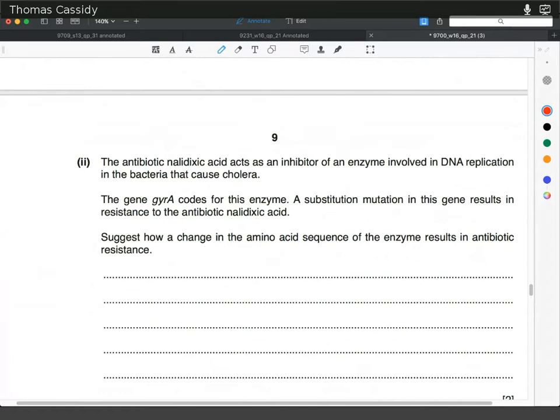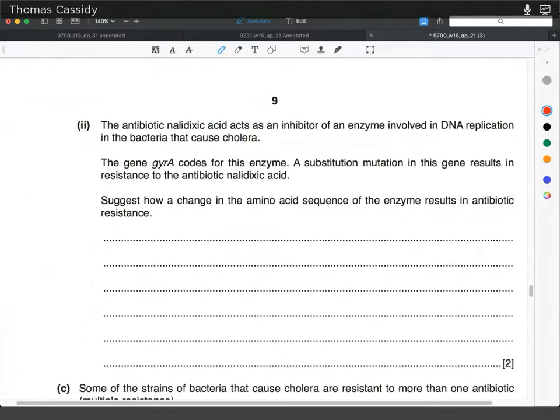Lots of words thrown in. It's a bit of a wordy jumble that throws us off a bit. But all the question's asking here is how a change in the amino acid sequence of the enzyme results in antibiotic resistance.